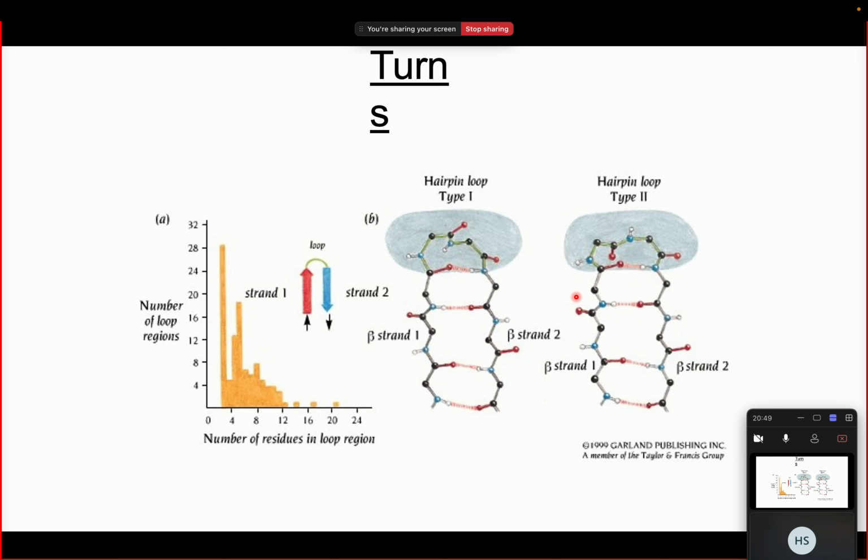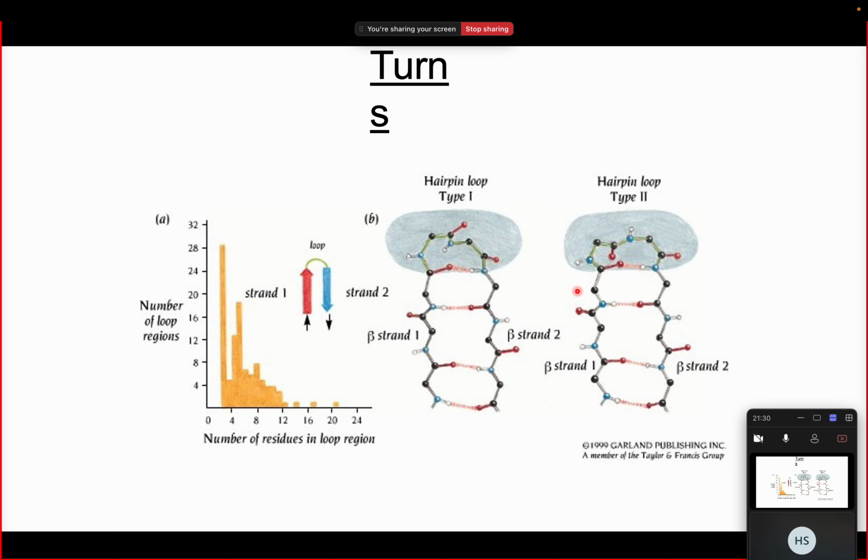This is some very basic information about turns, how they connect the secondary structures, the number of loop regions, and the number of residues in the loop region. If you are saying it is unstructured, it can be a simple extended polypeptide chain, which would also be considered a loop. But when experiments were performed, it was observed that there are loop regions with different numbers of residues, but the predominant one is 3 to 4 residues per loop.